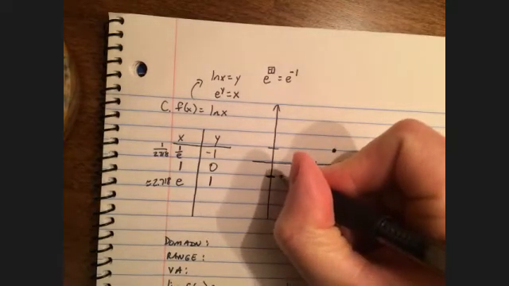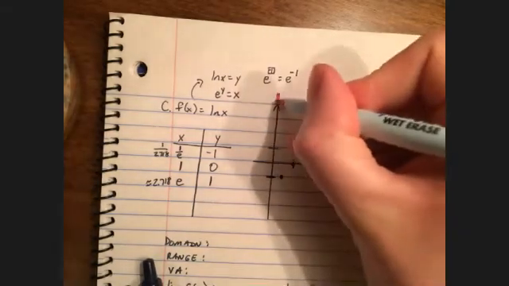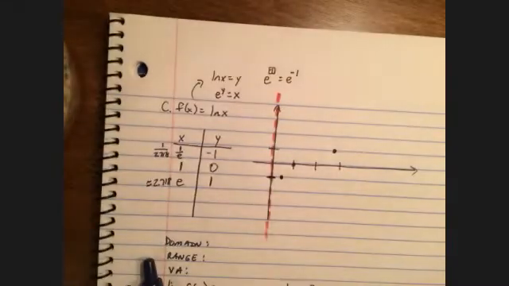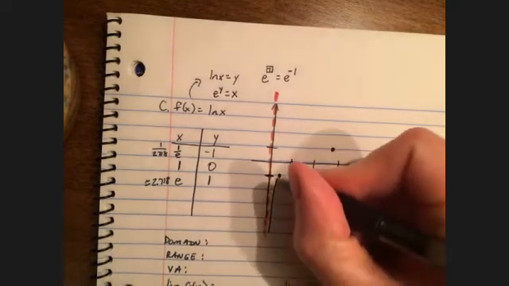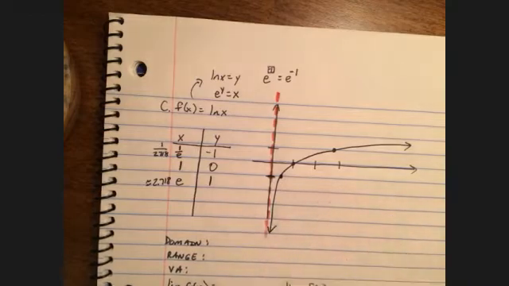Roughly about there is good enough. And then our vertical asymptote, like we said earlier, we can't get 0. So it's just like the logarithm one we did earlier, except we have a base e instead.